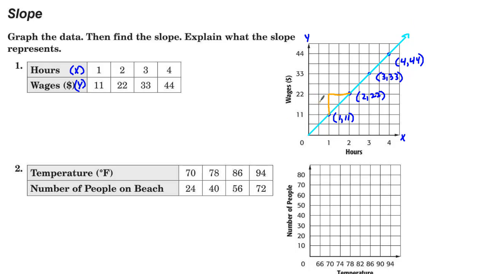So here our Y changed by 11, from 11 to 22, and our X changed by 1. So the change in Y was 11, and the change in X was 1, or a slope of 11.